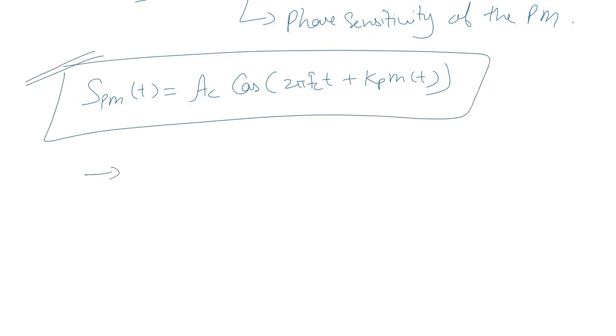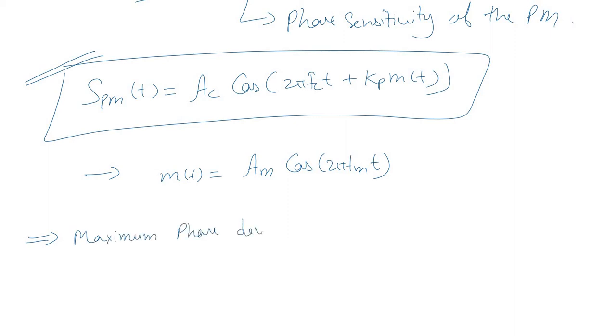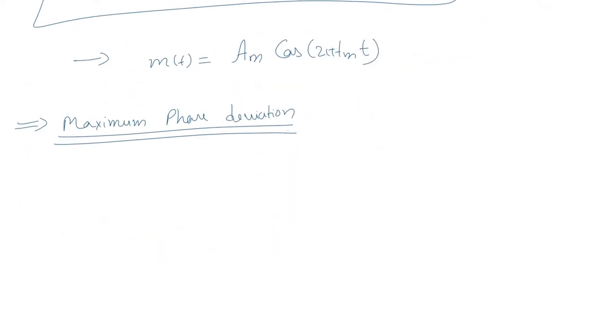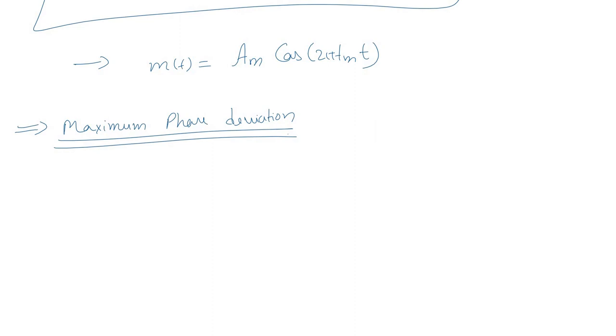Now assuming the message signal to be also a sinusoidal signal, that is Am cos 2 pi fm t, a low frequency message signal, what about the maximum phase deviation? We know the phase deviation is Kp into m(t).